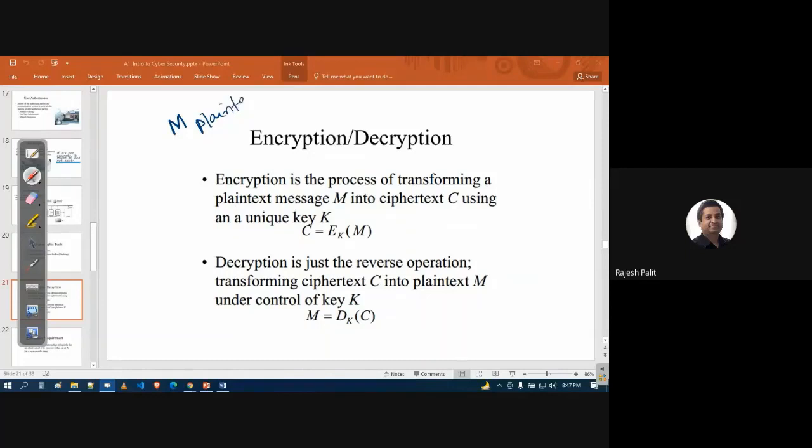So it is denoted by M. In encryption, you apply a function using a key, the symbol is K. There are two parameters, one is the plain text and another is the key. That operation produces the cipher text.